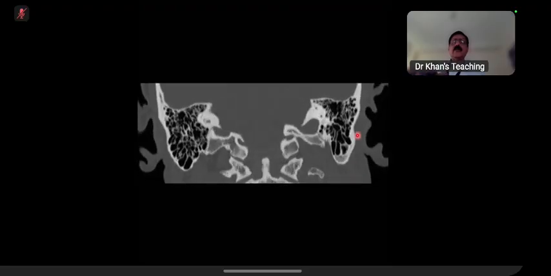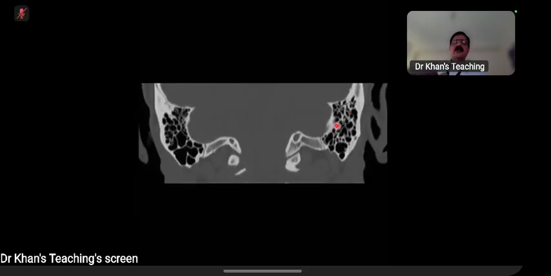So on a coronal, I'm now showing you the global perspective. These are the mastoid air cells. The bone superior to the mastoid air cells, which is the middle cranial fossa, is here.